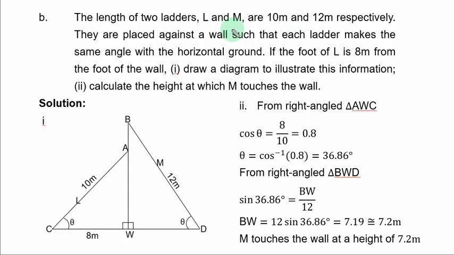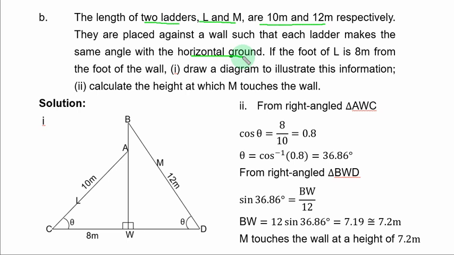Question 10b. The lengths of two ladders L and M are 10 meters and 12 meters respectively. They are placed against a wall such that each ladder makes the same angle with the horizontal ground.